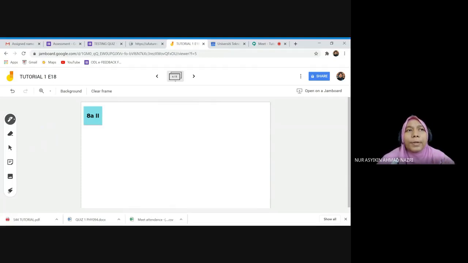Contoh, this is a vector of acceleration, and then you have vector of force pula. Faham tak? So that's a different thing, which you cannot put in the same diagram.